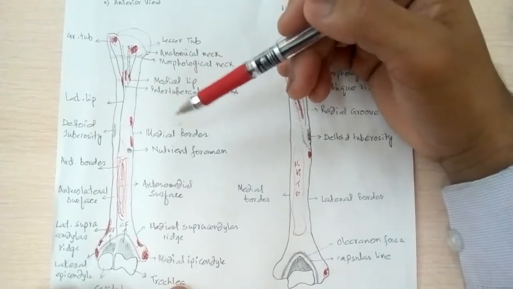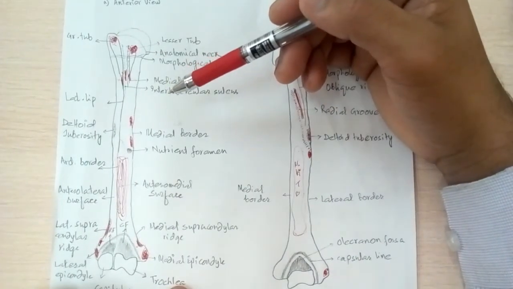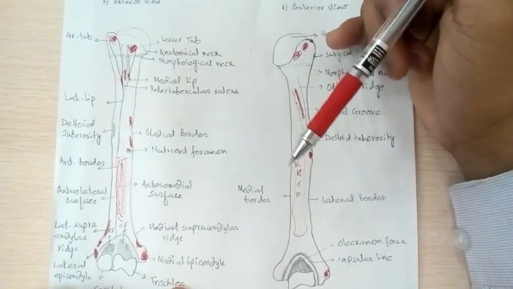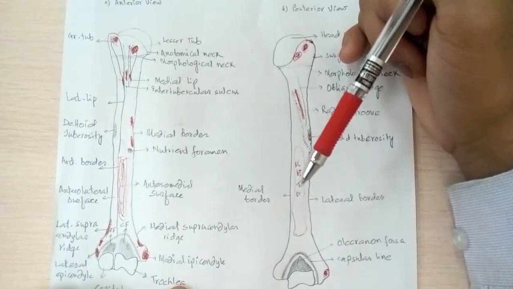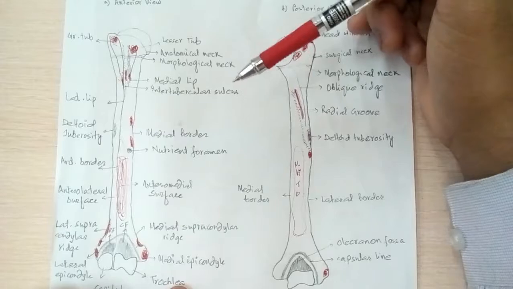So friends, that is all about the important points of the humerus, and we have also discussed the major attachments of the muscles on both the anterior and the posterior aspects of the humerus.